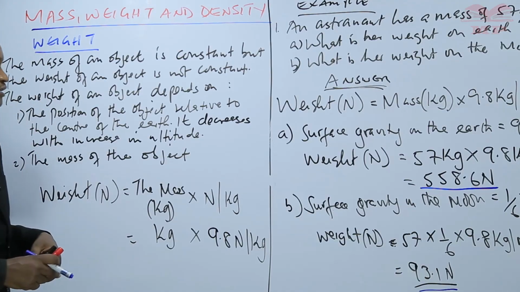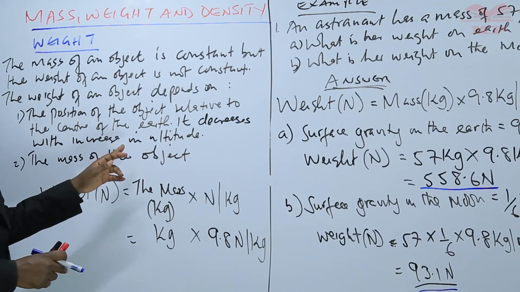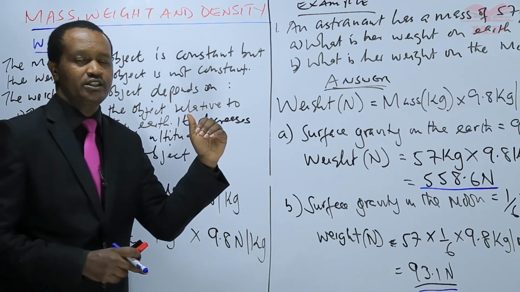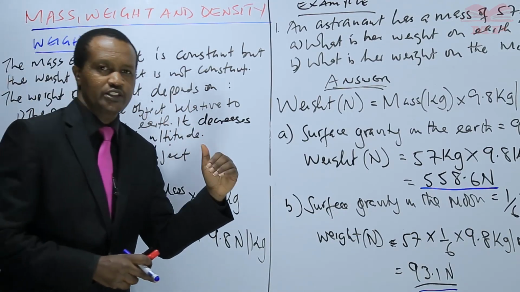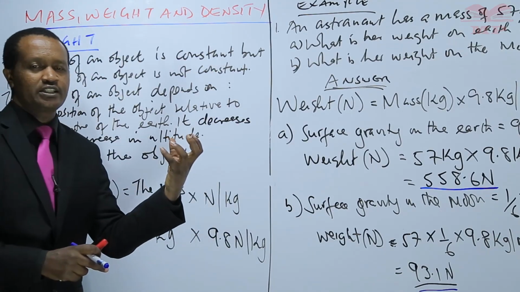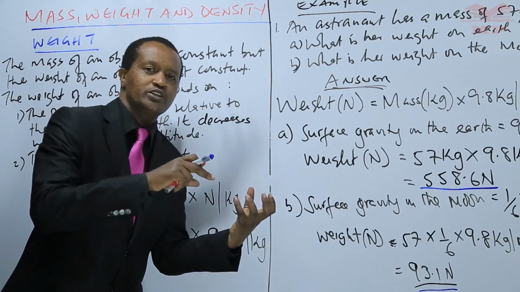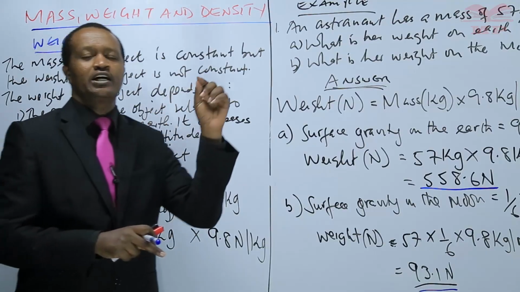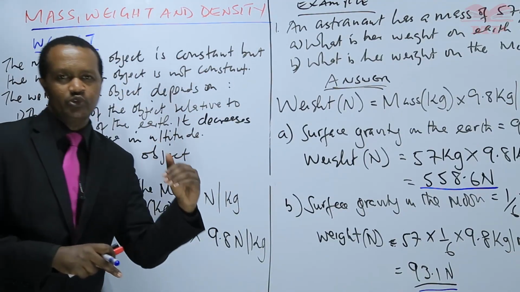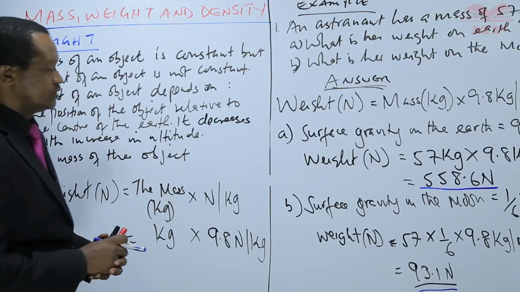So we say that it decreases with increase in altitude. As you increase in altitude, weight reduces. That means the gravitational force exerted on that object reduces as you increase in altitude, but it increases as you reduce in altitude.